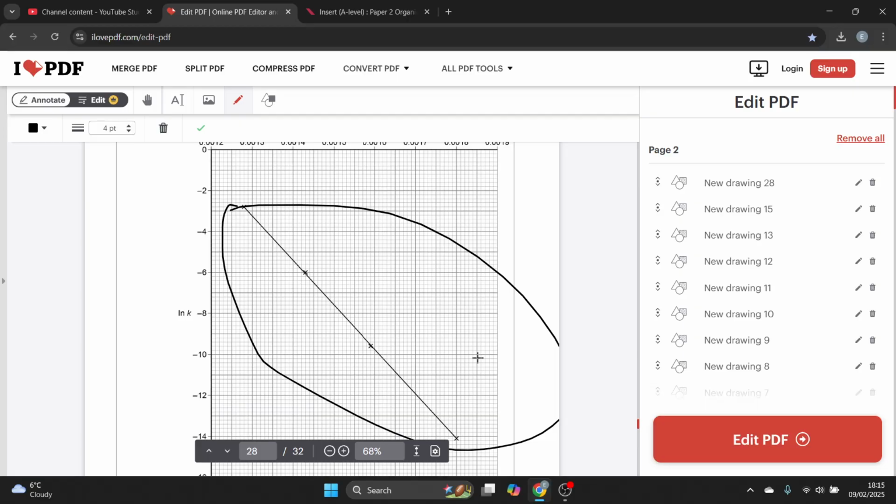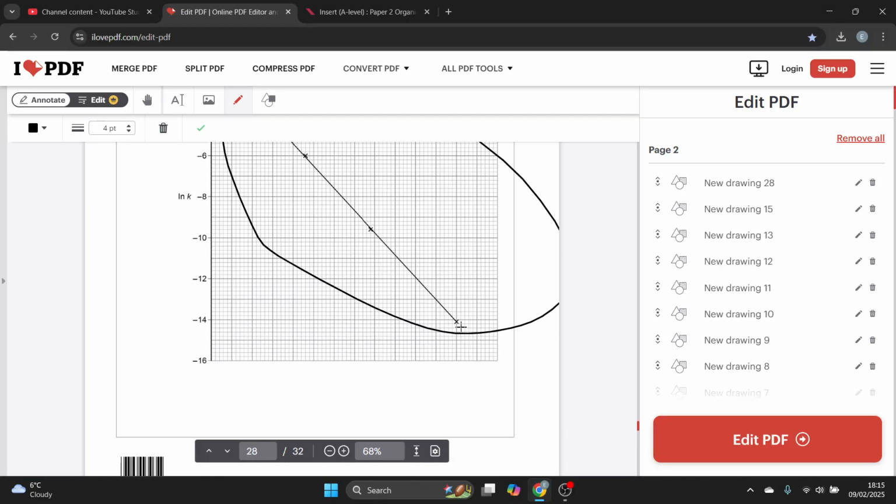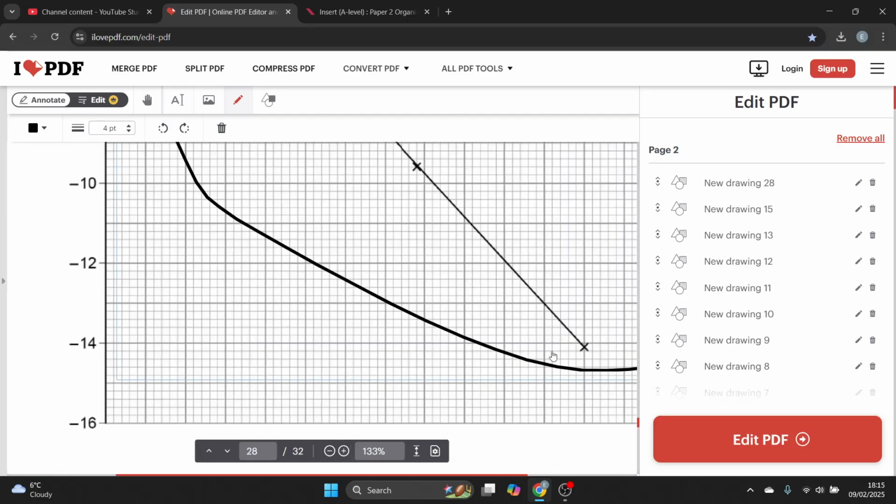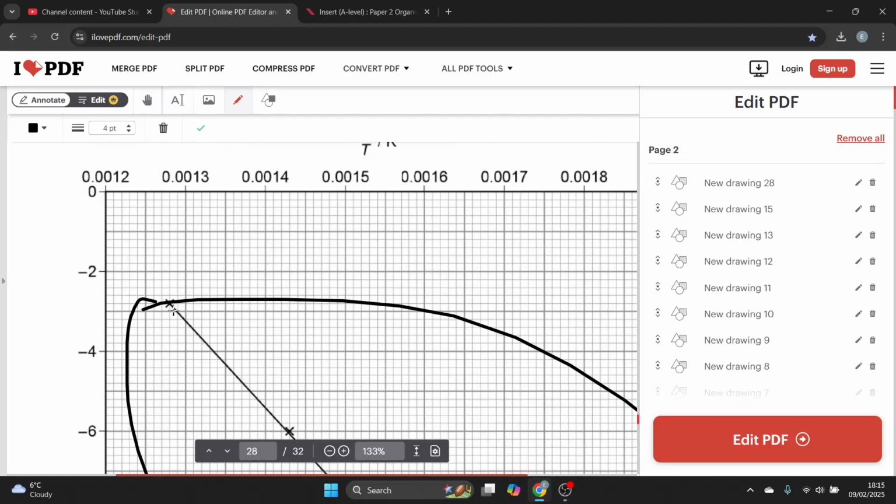Look at the gradient. Let's zoom in a bit. Can I do a straight line? I don't think I can do that. It's fine anyway. So here, that point there, and here, that point there. Perfect.